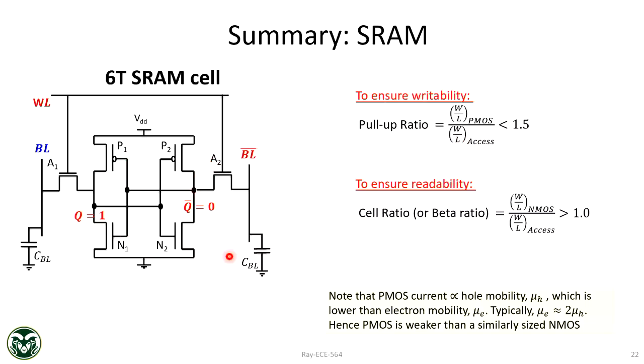During read, you want the access transistor to lose, right? The access transistor should not flip the state. So beta ratio should be high, as high as possible. Definitely more than 1.